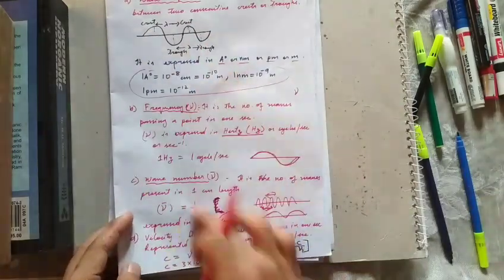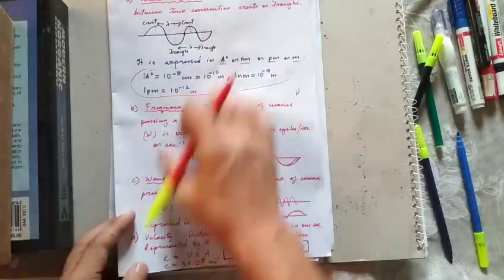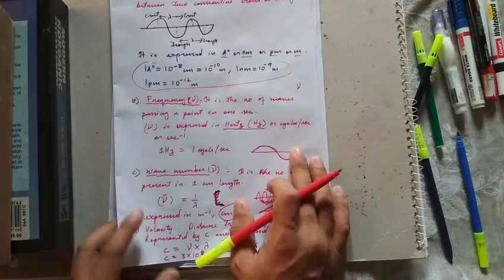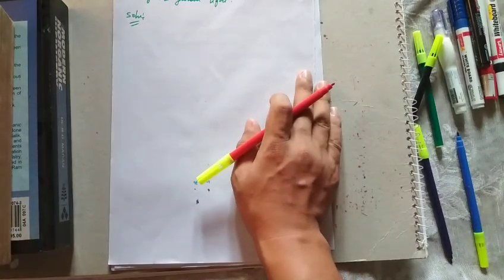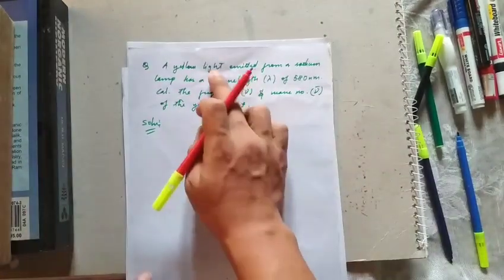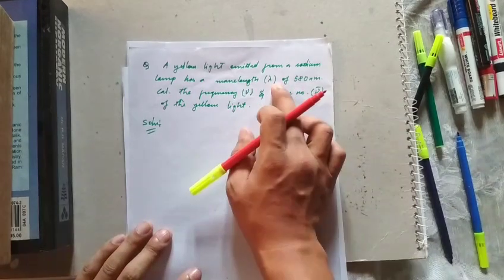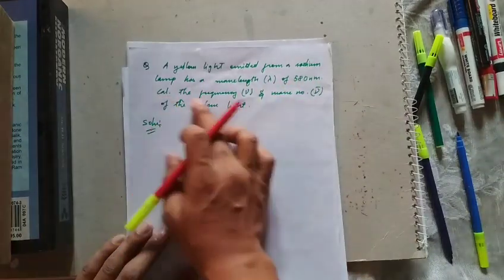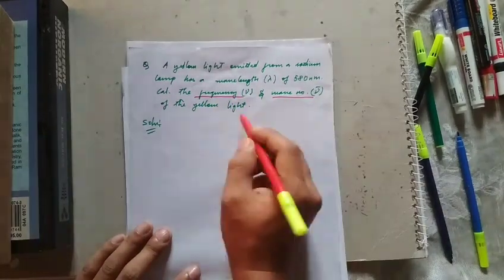So remember these values, and this will be helpful for your numerical problems. Let's do one problem. A yellow light is emitted from a sodium lamp and has a wavelength of 580 nanometer. Calculate the frequency and wave number of the yellow light.